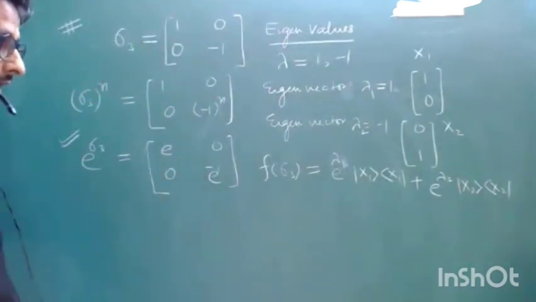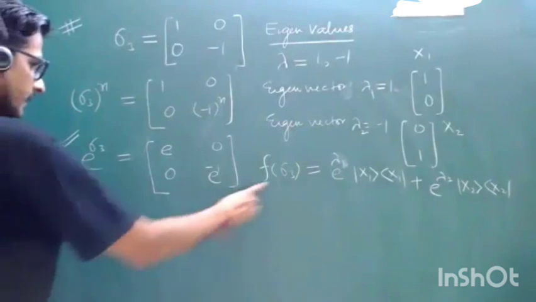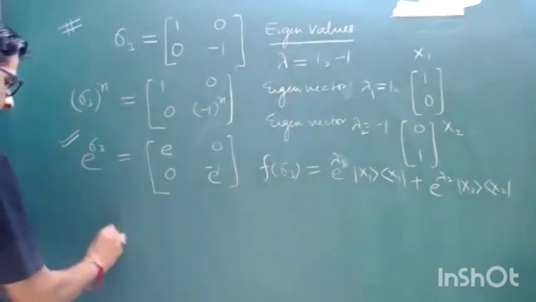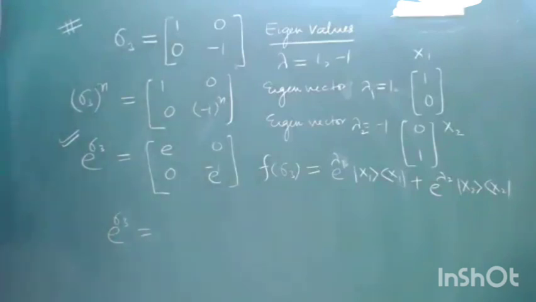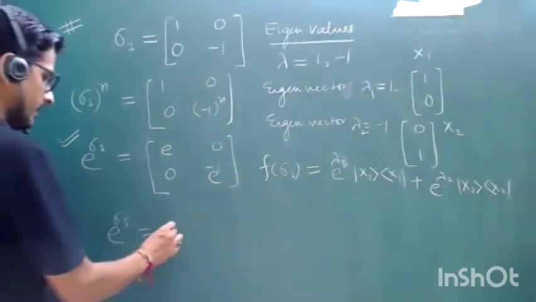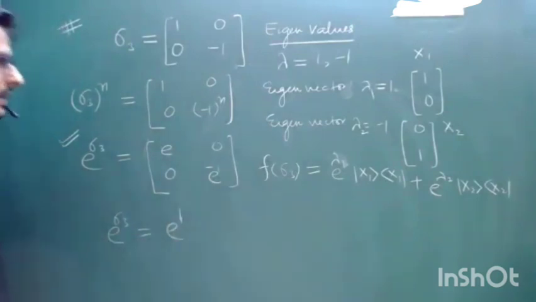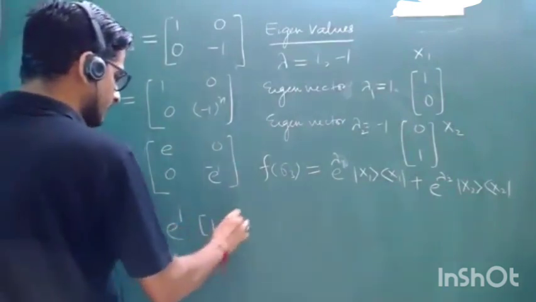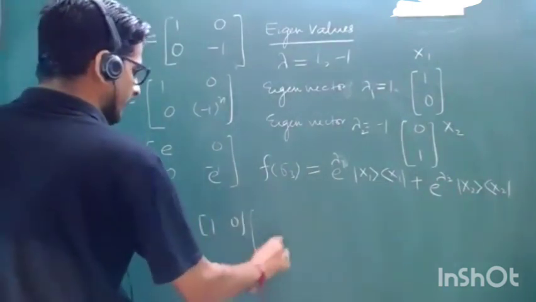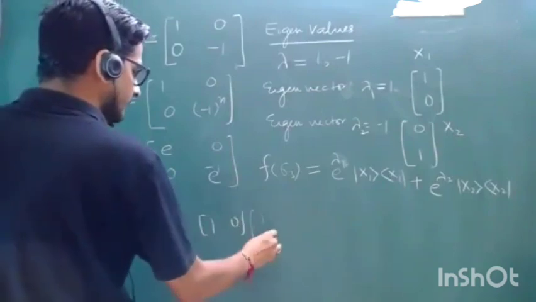So now let us write the final form. So our function here is e to the power sigma 3 and that will be equal to e to the power 1 and the inner product of x1, we will write it as 1 0 and 1 0.